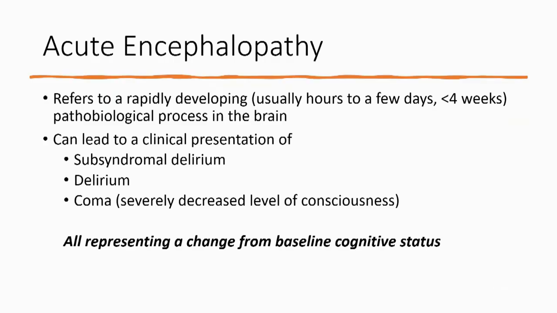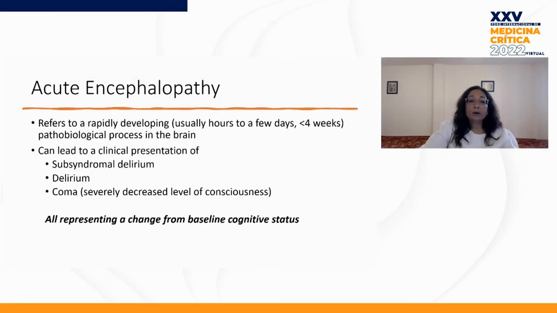So it is progressing. When we say that, what we mean is that it usually takes several hours to a few days, but by definition, it has to be less than 4 weeks. And it's a pathobiological process that's occurring in the brain, and it can lead to clinical presentations. You can get subsyndromal delirium, you can get delirium, and you can also get coma.